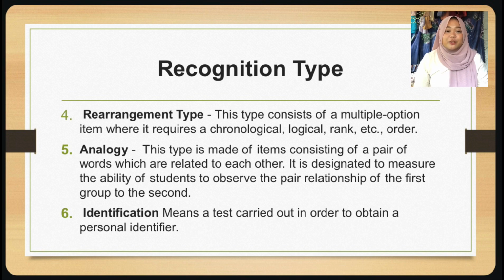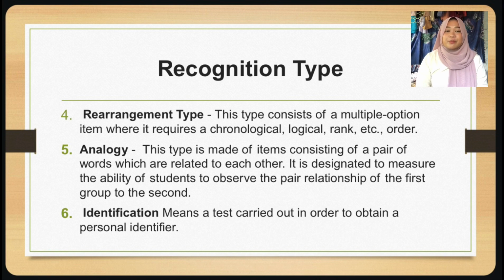So the last subtype is the identification assessment. This involves recognizing or identifying specific items or elements from a given set or context. The students are presented with a set of items, and then they need to identify or label these items based on their knowledge or understanding.